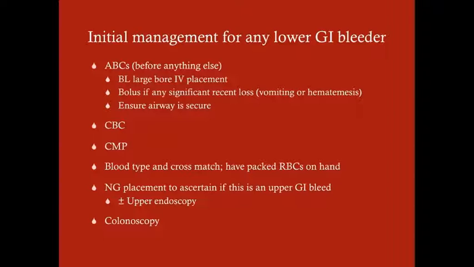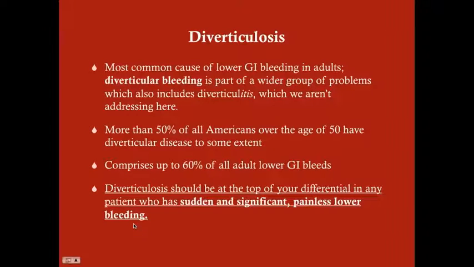A lot of physicians, gastroenterologists, like to do an upper endoscopy just to definitively rule out an upper GI bleed, but it's not absolutely necessary. And then a colonoscopy is going to be important for almost all of the lower GI causes.